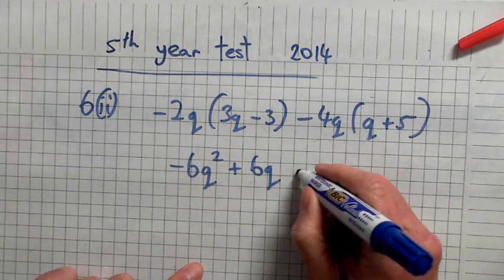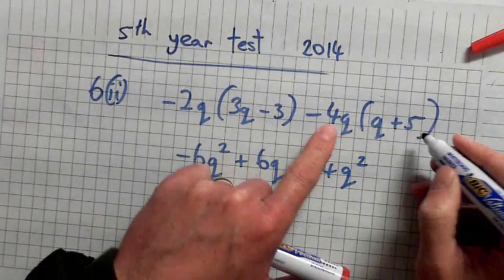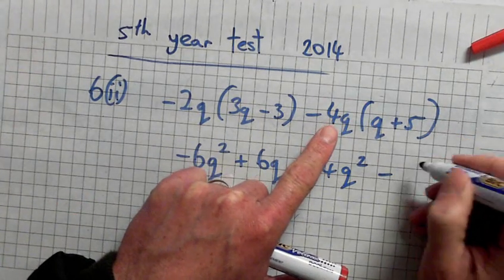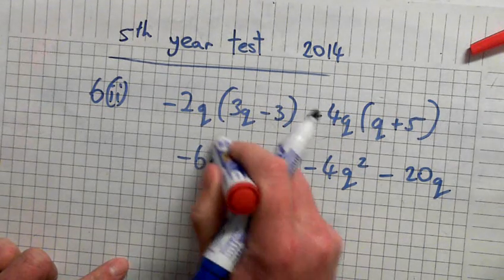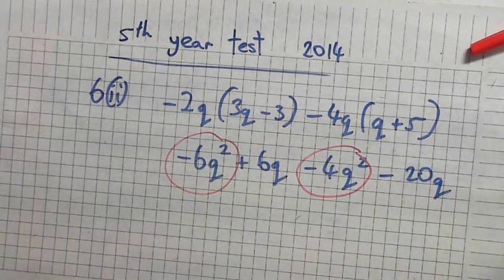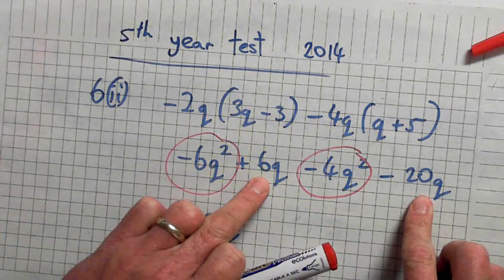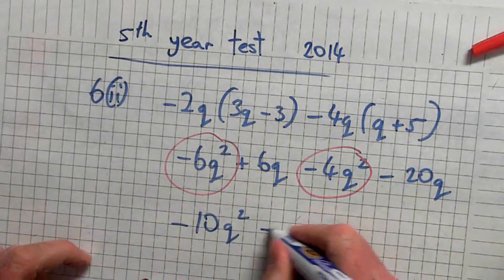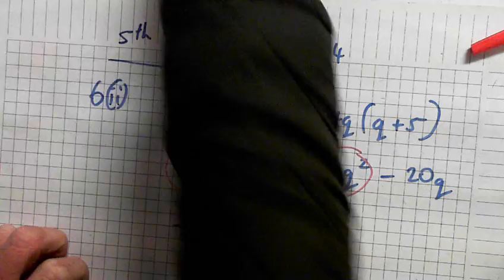Minus times a plus, minus 4q times q is q squared. Multiply these two. Minus times a plus is minus 20q. What can you add? You can add the q squareds together. Minus 10q squared. And you can add the q's together. Minus 14q.